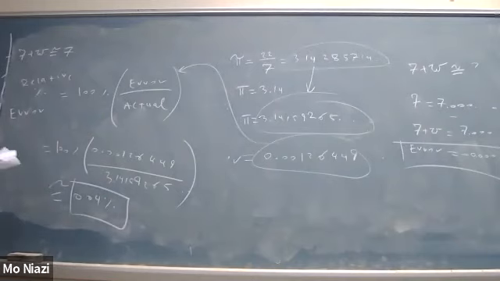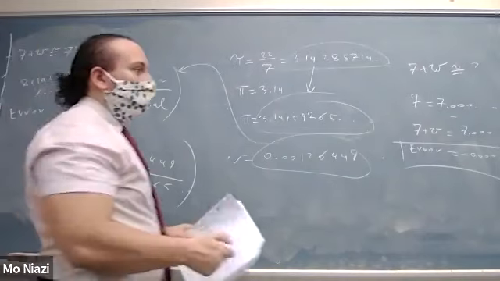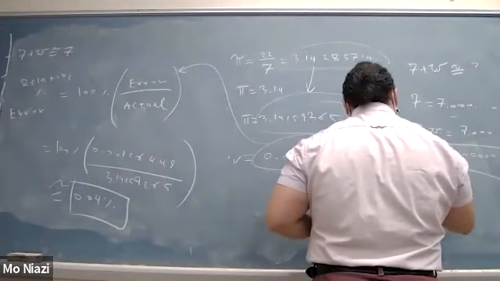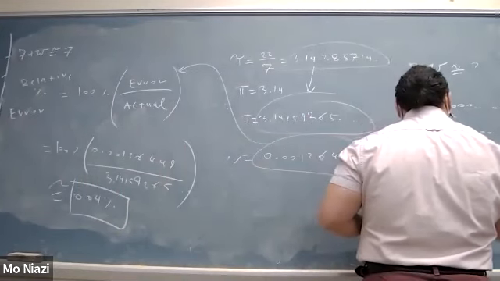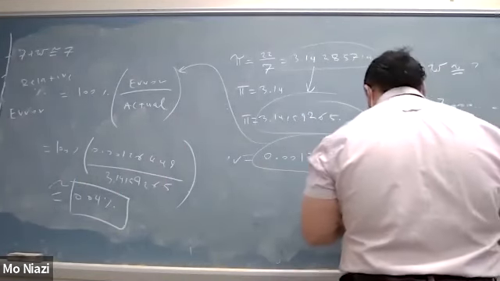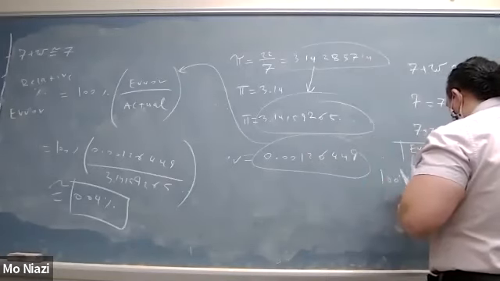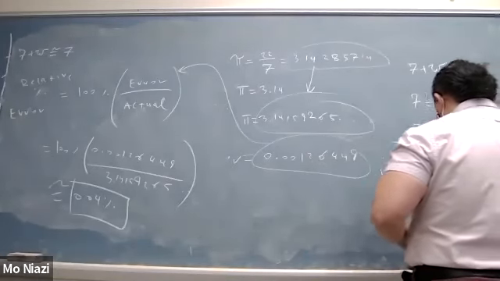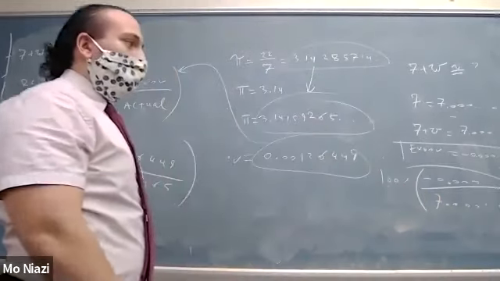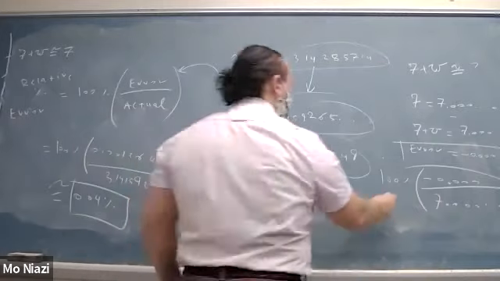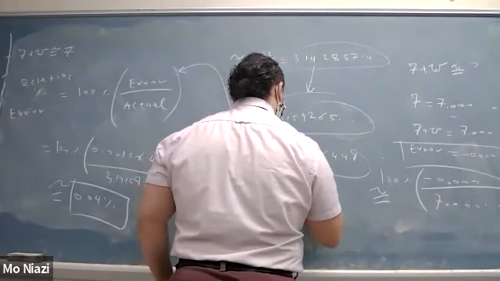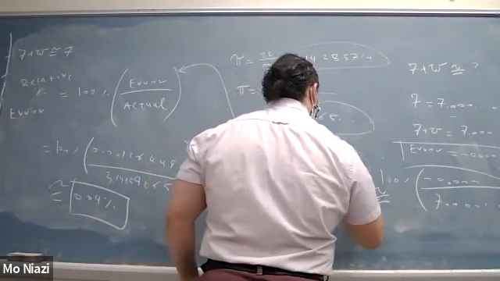So what would be the relative error here? Well, it's 100% times the error divided by the actual value. Notice the top is basically 0. So this becomes approximately negative 0.000%.